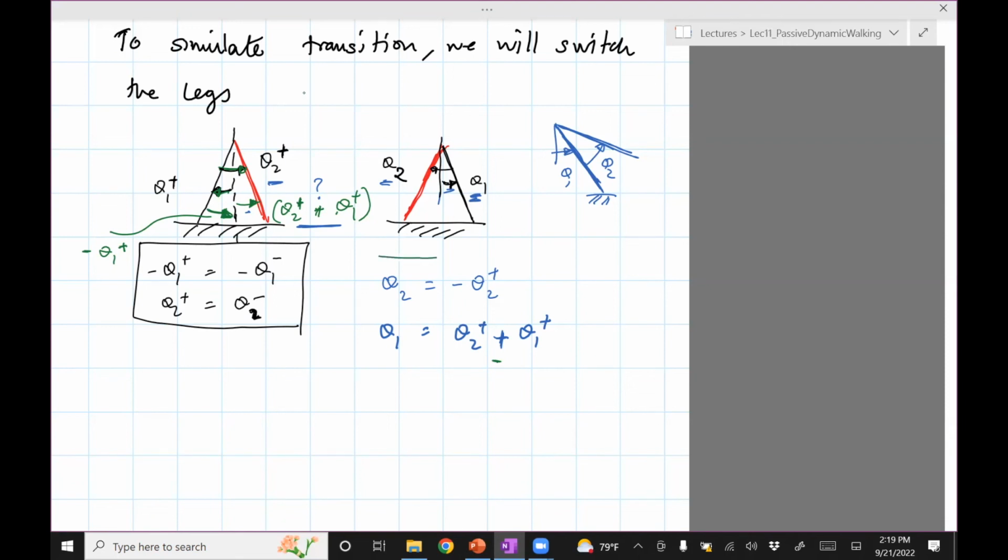So these are the switching conditions, switching angles. And then once I have that, I take that one step unit and keep integrating that.